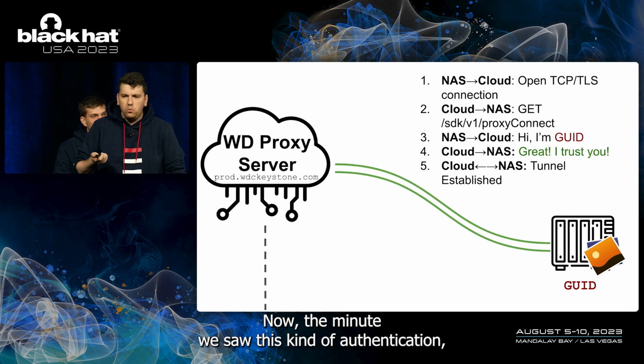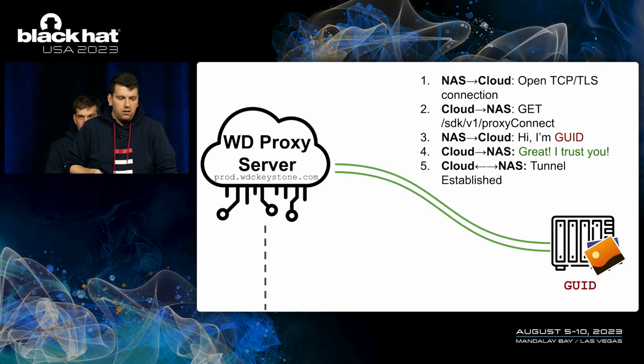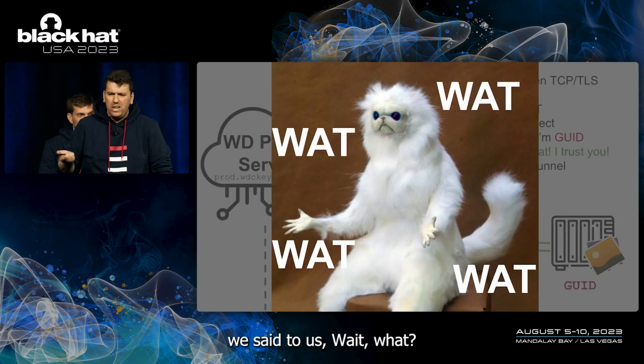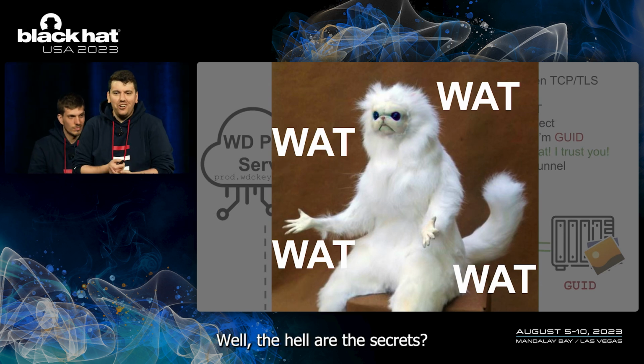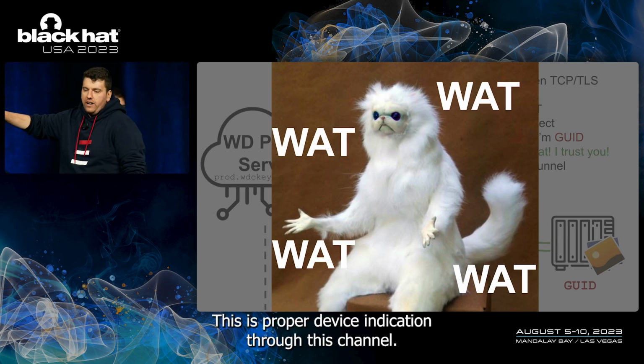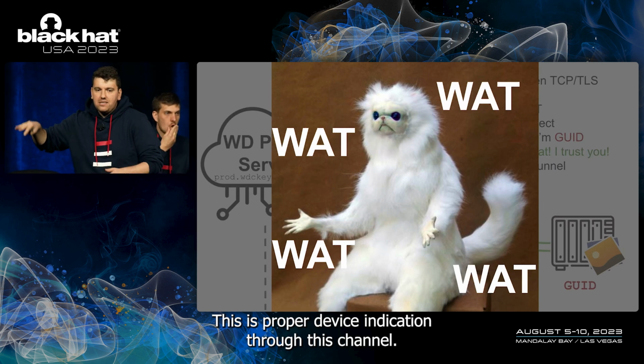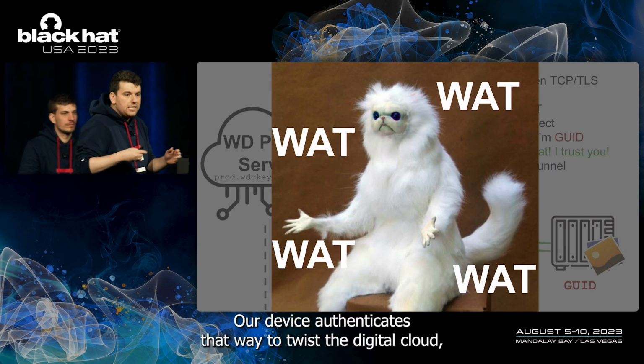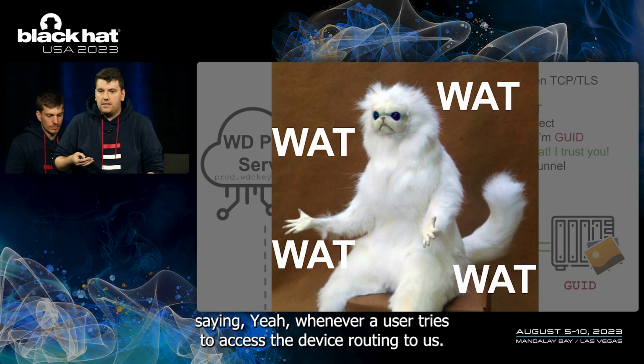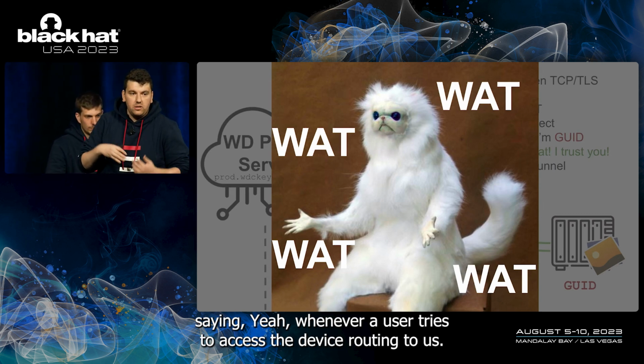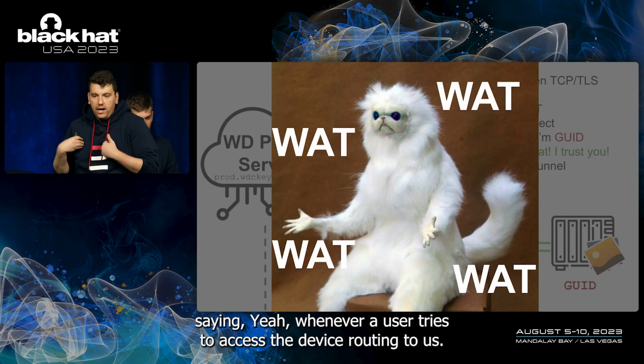Now, the minute we saw this kind of authentication, we said to ourselves, wait, what? Where the hell are the secrets? This is proper device authentication. Through this channel, our device authenticates to Western Digital's cloud, saying, yeah, whenever a user tries to access their device, route it to us.